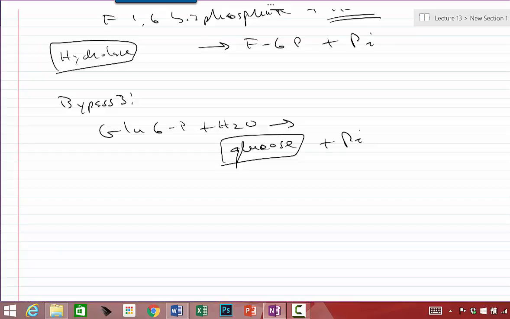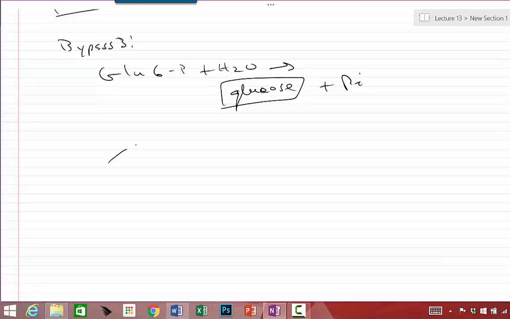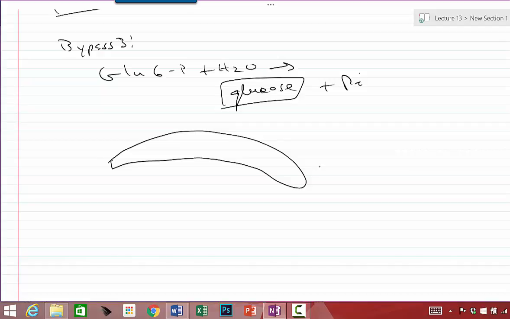And the liver, just draw a liver here. There's my liver, okay? And the liver does this in two ways, delivers glucose. It can go through gluconeogenesis, which I just talked about. It can also do something called glycolysis.